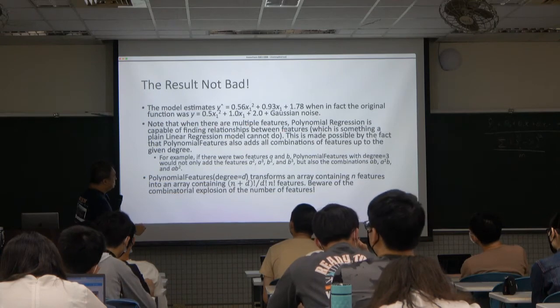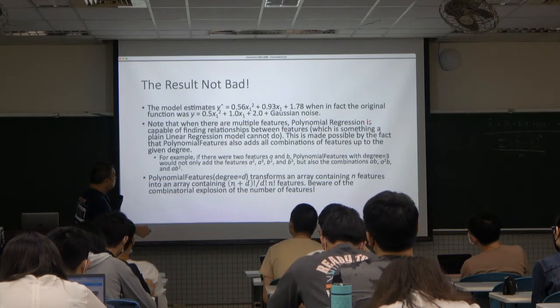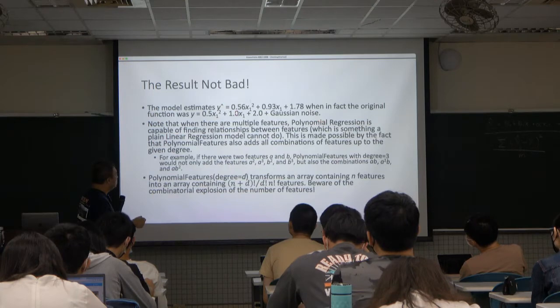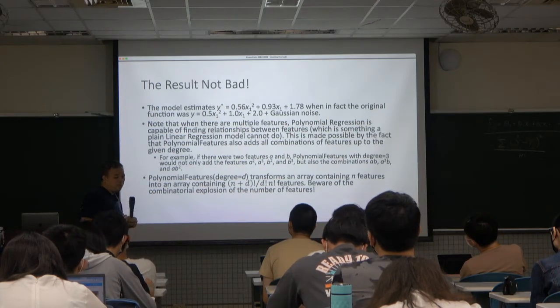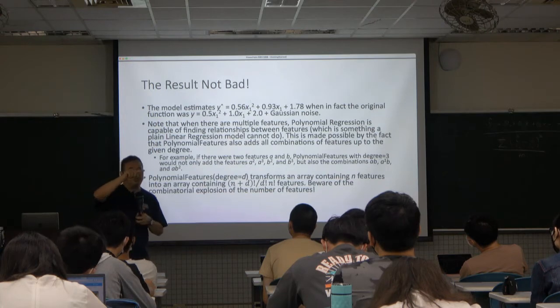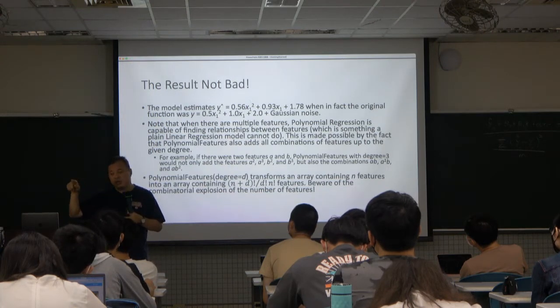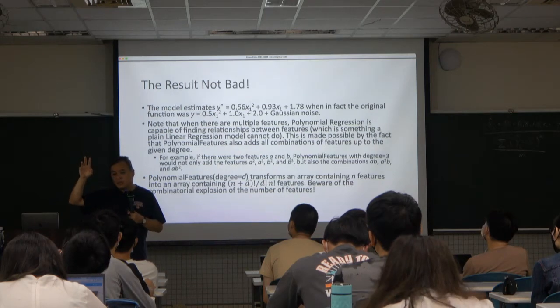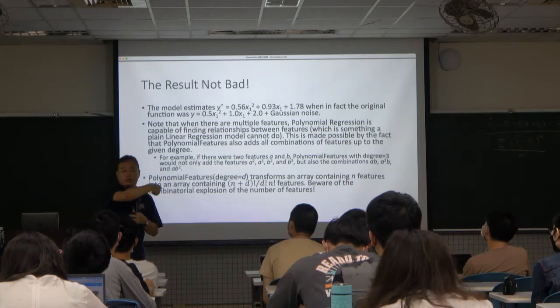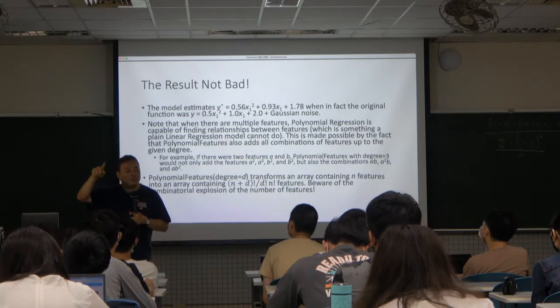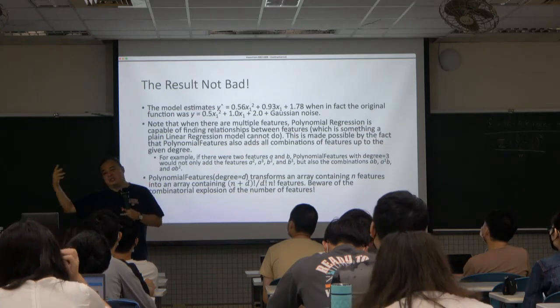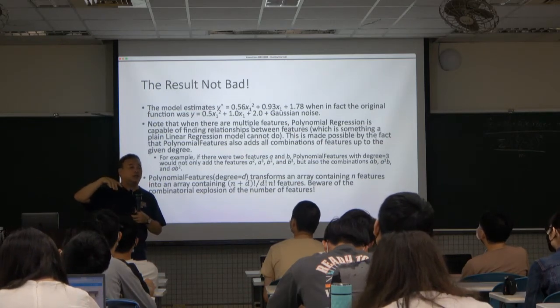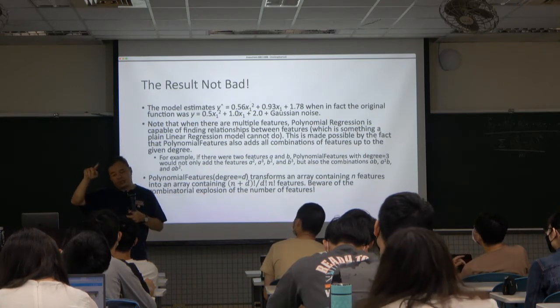If there are multiple features, polynomial regression is capable of finding relationships between features. For example, if we have two features, x1, x2, and we generalize to square, now for this example we only have x, so the second order is just x squared.